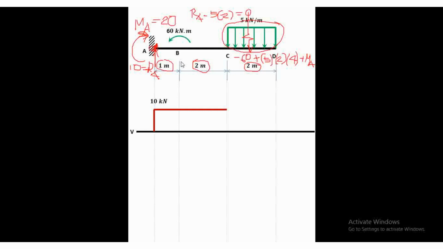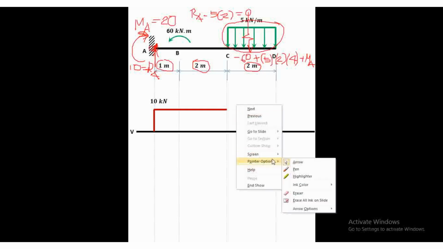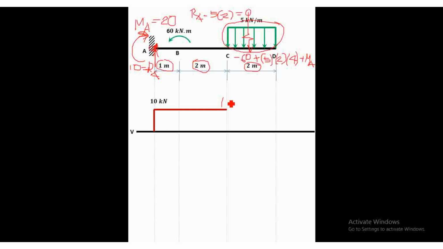Now, at point C, doon nag-start yung 5 kN per meter. So, since ito, 10 din ito, pababa yun. So, para makuha ko yung shear between C to D, that is equal to, this is 10.